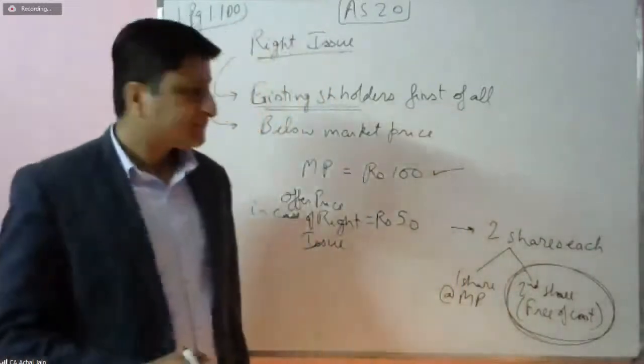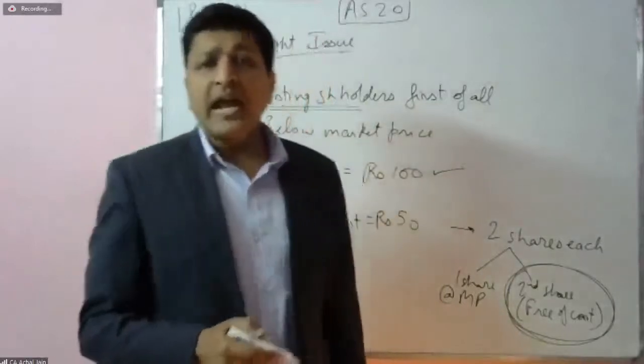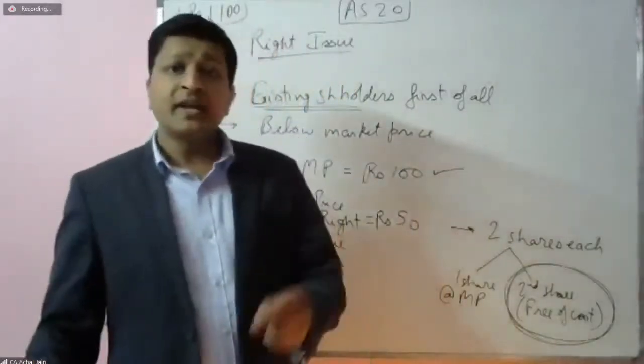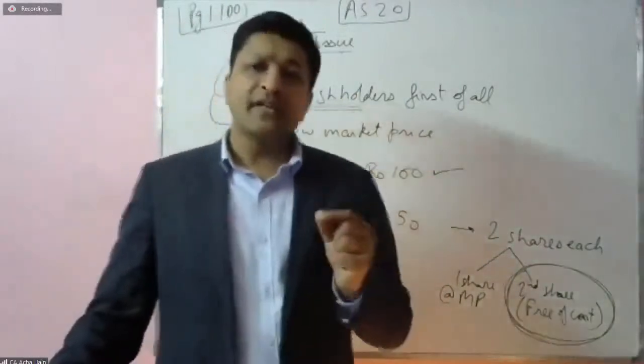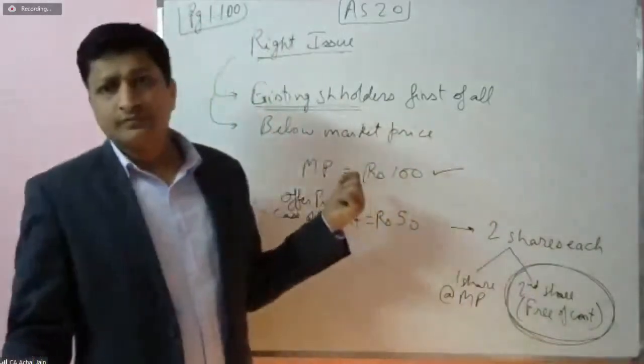Which means whenever we will compute EPS and there will be a right issue during the year, there again we will have to recompute the weighted average after considering the right issue.